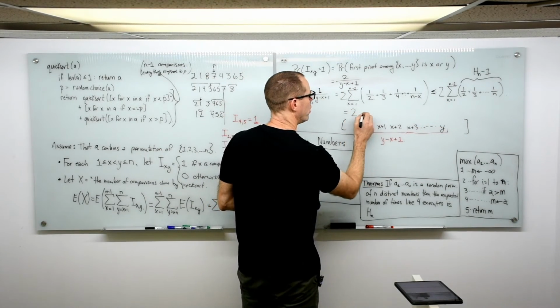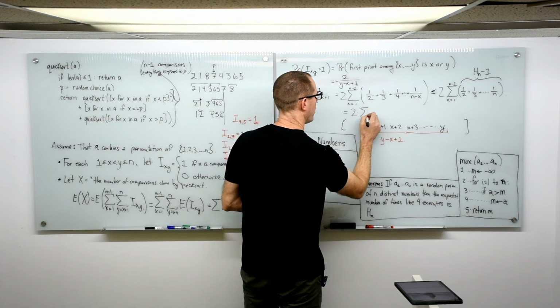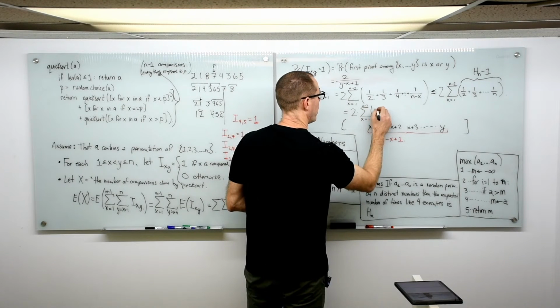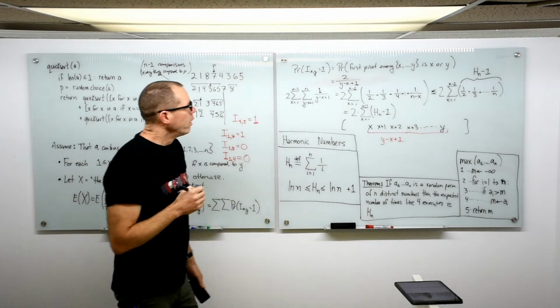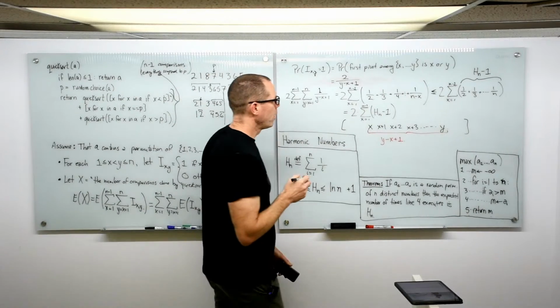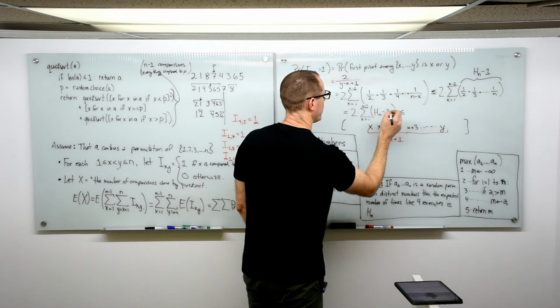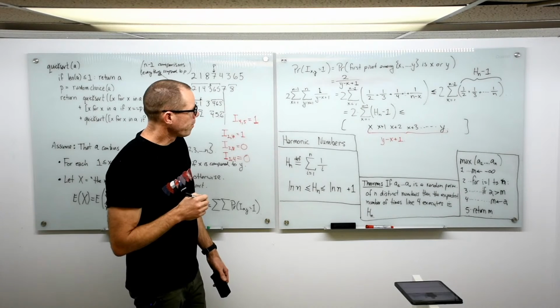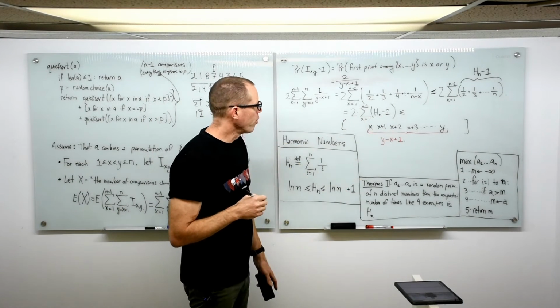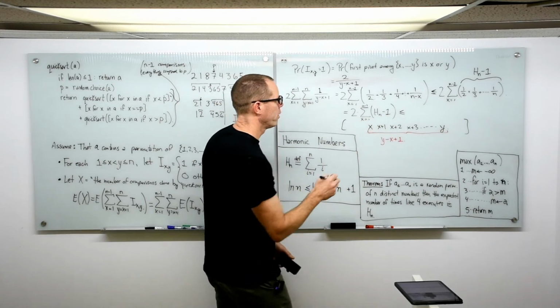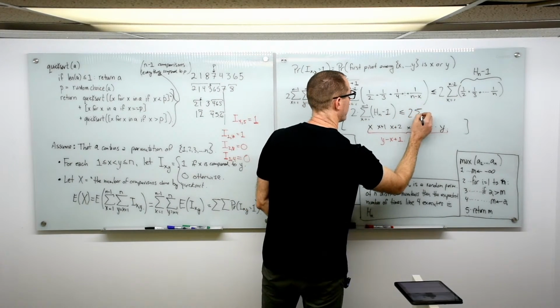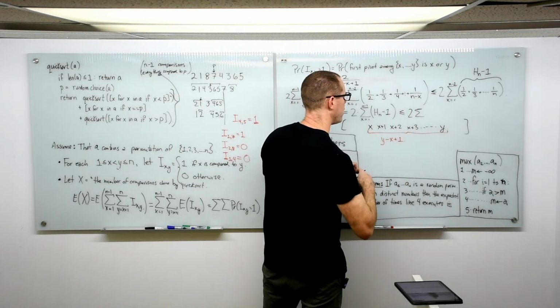So we get 2 times the sum, x equals 1 to n minus 1, of H(n) minus 1. And we can do lots of things. Oh no, let's leave that for now.